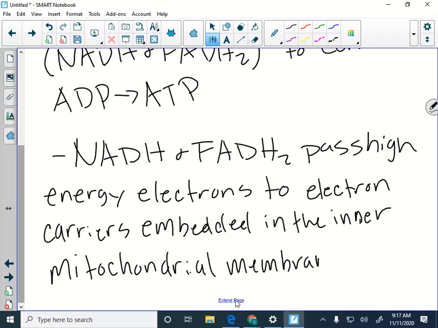So NADH and FADH2 hold those high energy electrons from breaking down sugars. And we're going to pass them to other carriers that are embedded in the inner mitochondrial membrane.